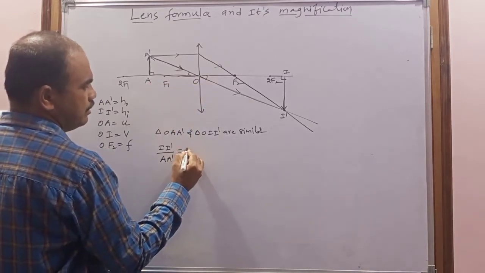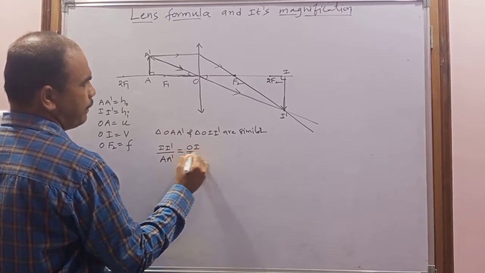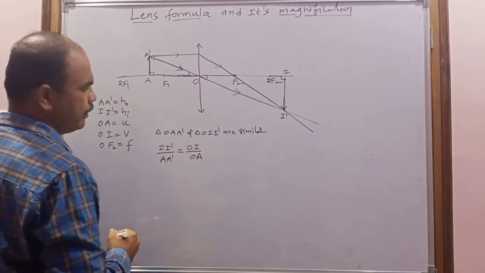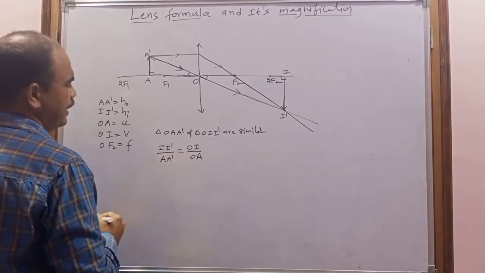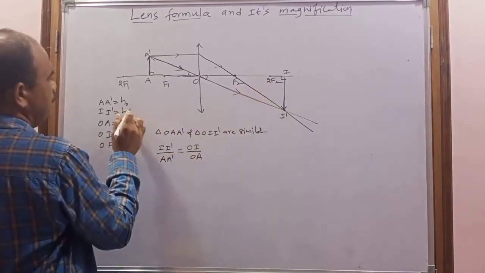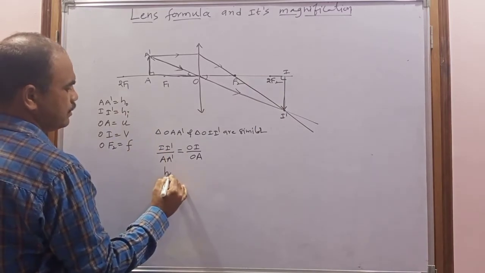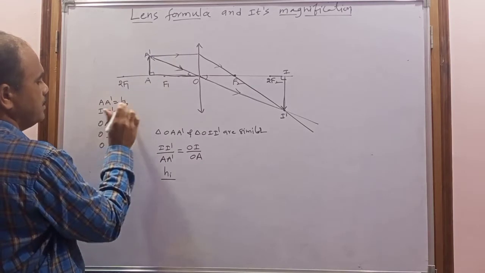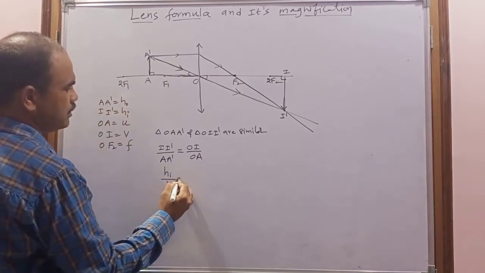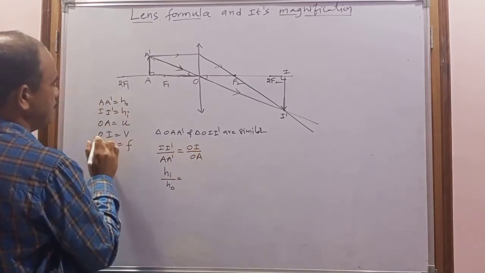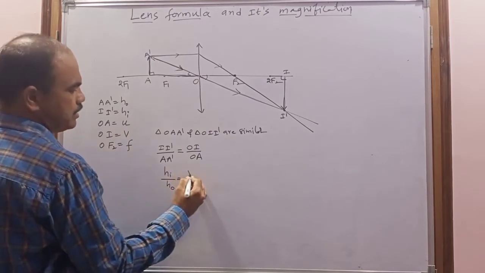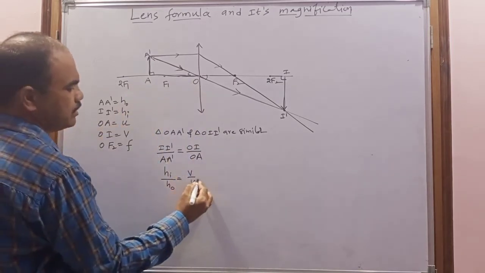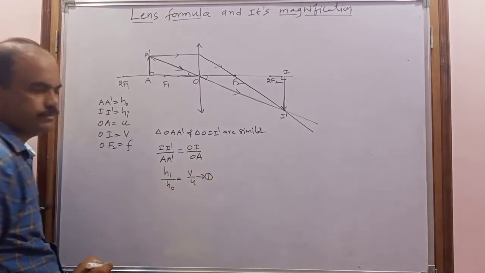So that's why OI by OA. I' is nothing but the height of the image. A' is nothing but the height of the object, equals OI, the image distance, by OA, the object distance. Now consider this equation 1.